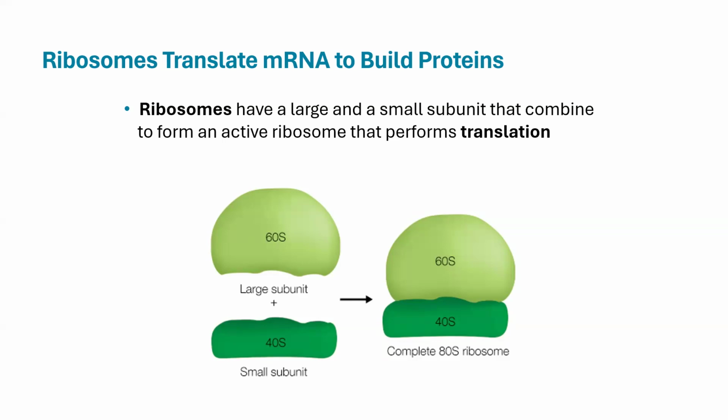So here we have a eukaryotic ribosome, which is the 60S large subunit and the 40S small subunit, which makes up our 80S ribosome. This is different from our prokaryotic ribosome, which is a 50S large and a 30S small to make a 70S complete ribosome.